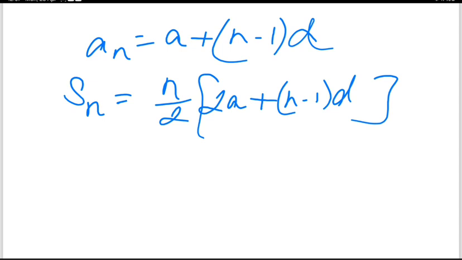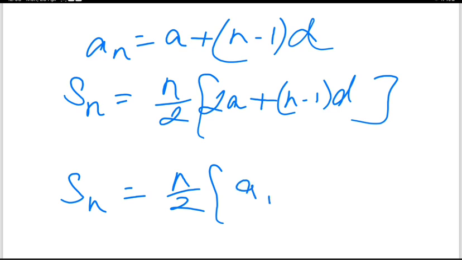There is another formula to find Sn: Sn is equal to n by 2 into a plus l, that is a1 plus l. l is nothing but the last term. You can also call it an. For the last term you can also use l as the variable.